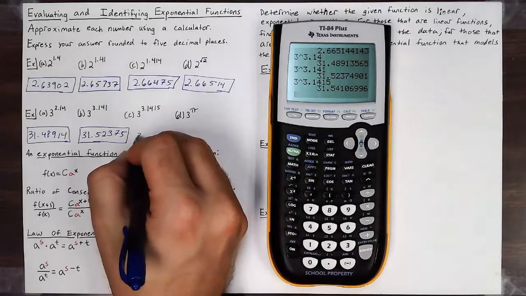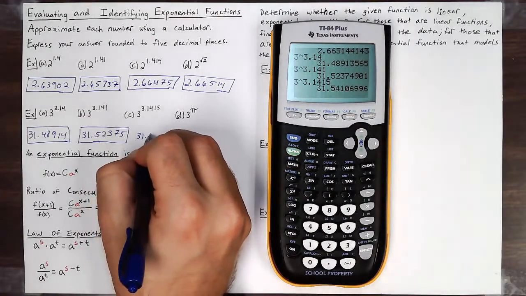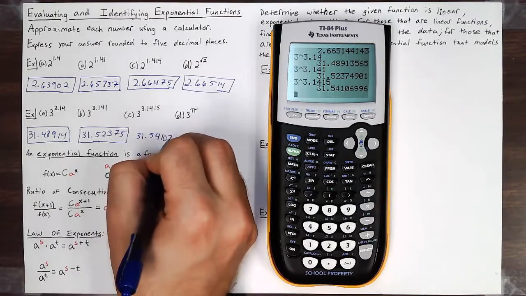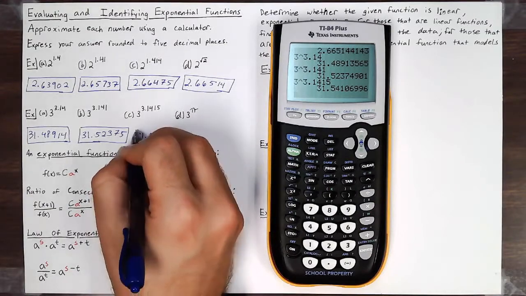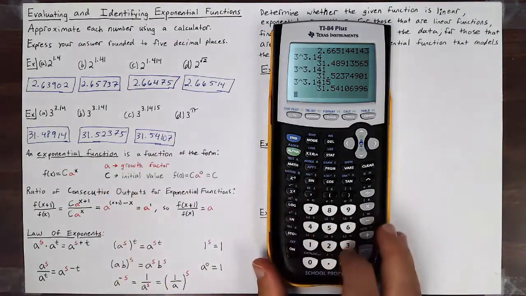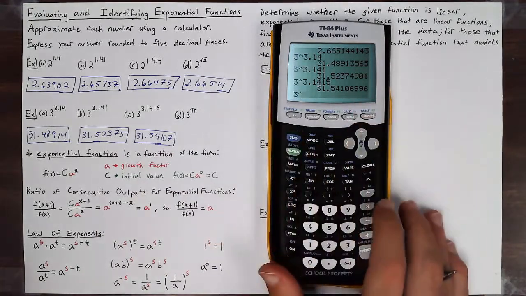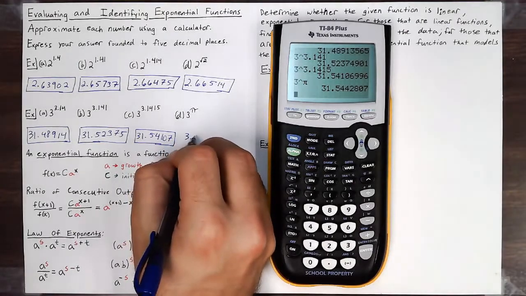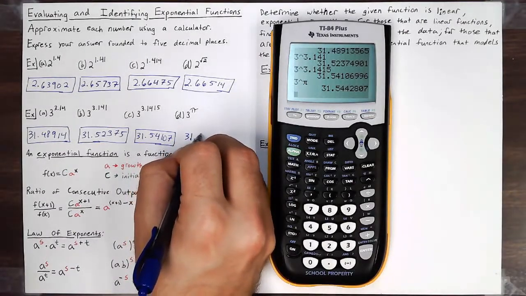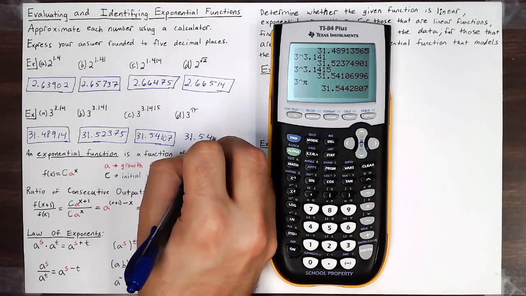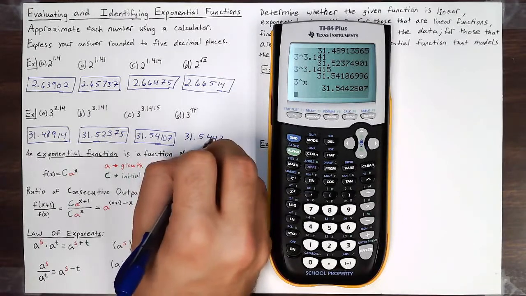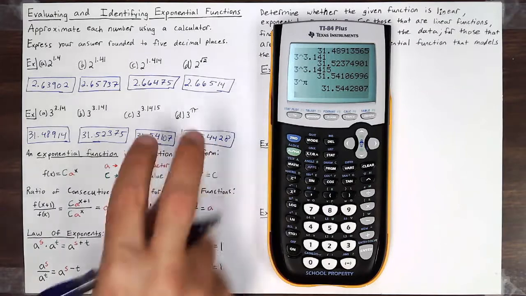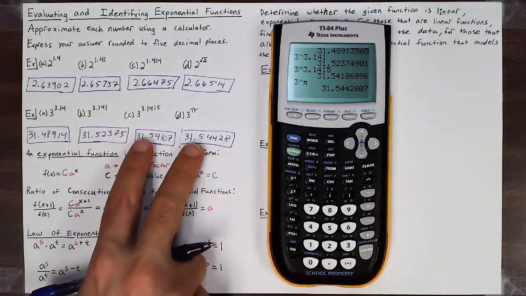I get 31.54107. And then 3 to the pi power is 31.54428.